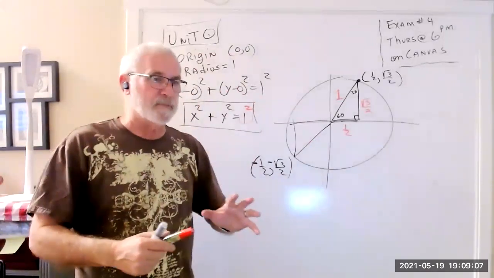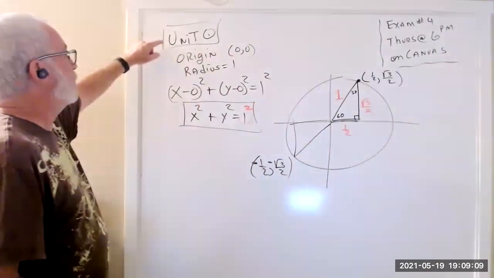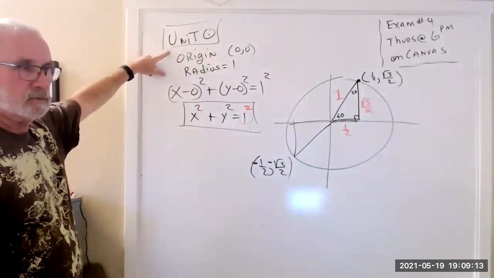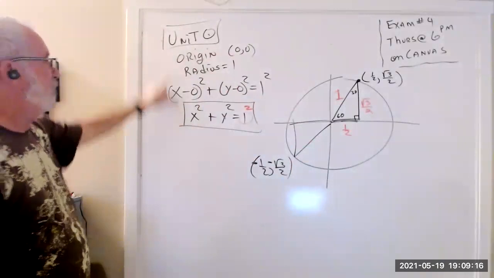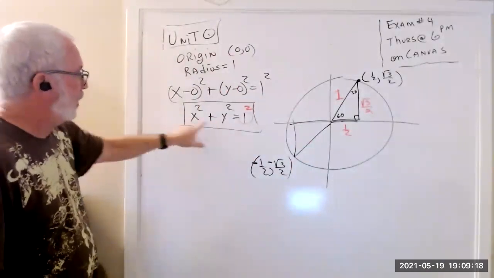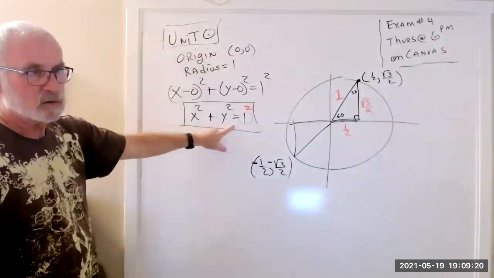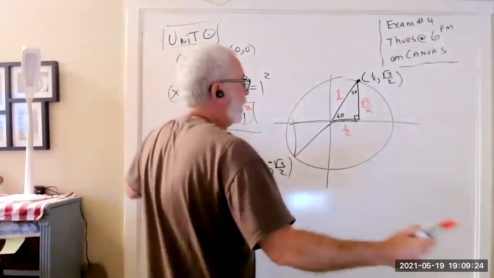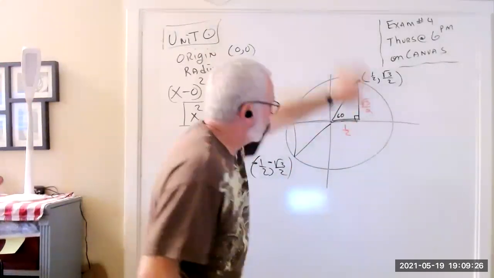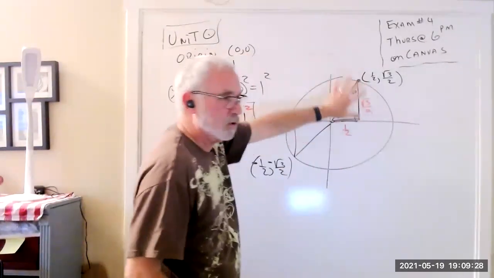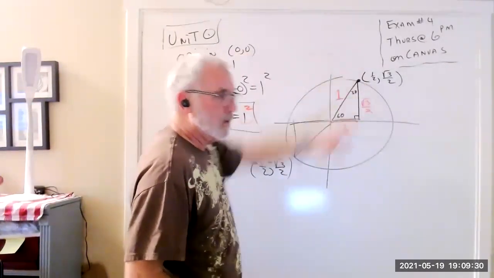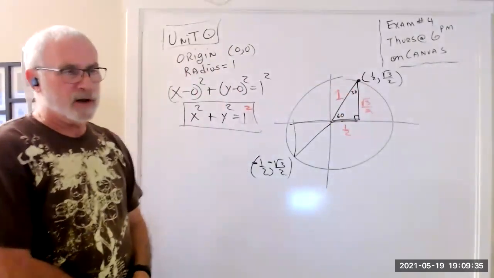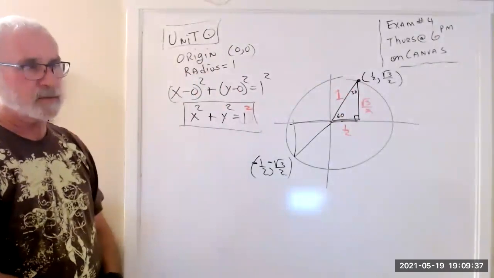If you can do that, if you understand the vocabulary of what's called a unit circle, okay, and you understand that this is its equation, and you kind of understand how I put the triangles inside the unit circle or on the unit circle, then you've got a big jump on everybody else who's trying to take trigonometry with you.